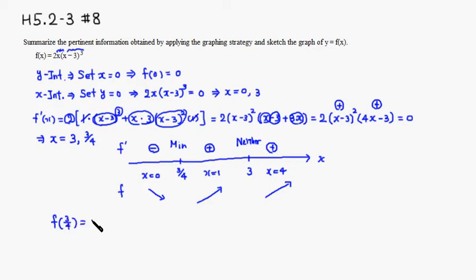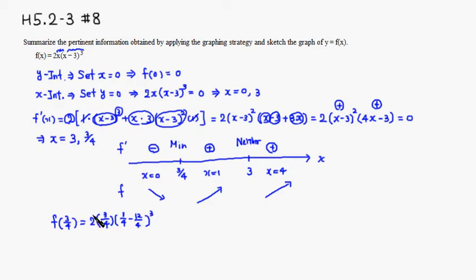So that's going to be 2 times 3/4 minus 3. 3 is the same thing as 12/4. Then you have to cube that.